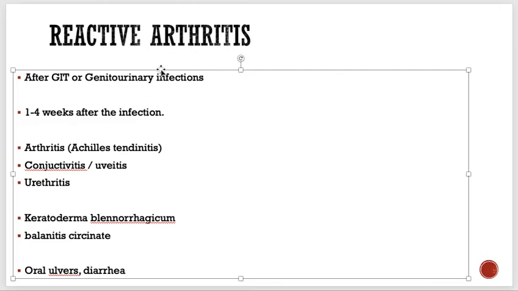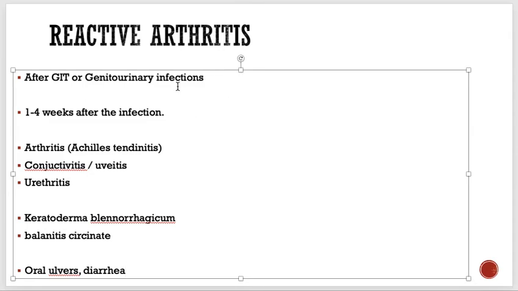So about reactive arthritis, guys, this one is mostly a clinical diagnosis with some laboratory testing. For example, you can check for HLA-B27 positive status, right? When that status is positive, and you have this evidence, of course we make the diagnosis of reactive arthritis.